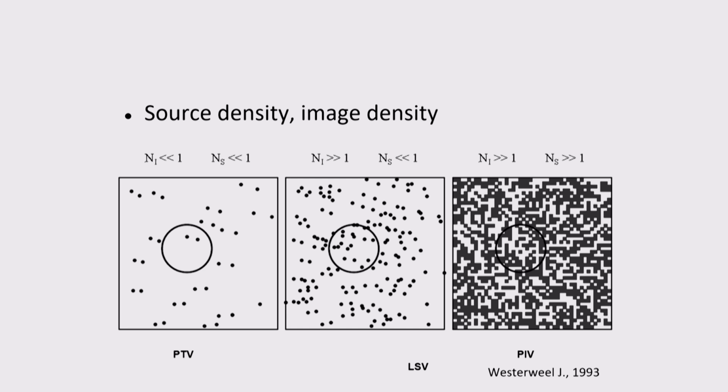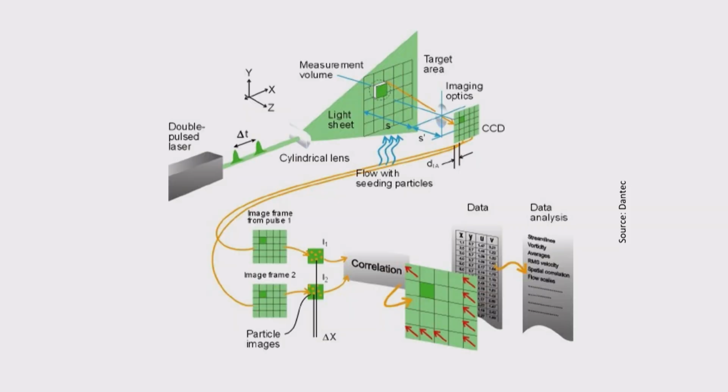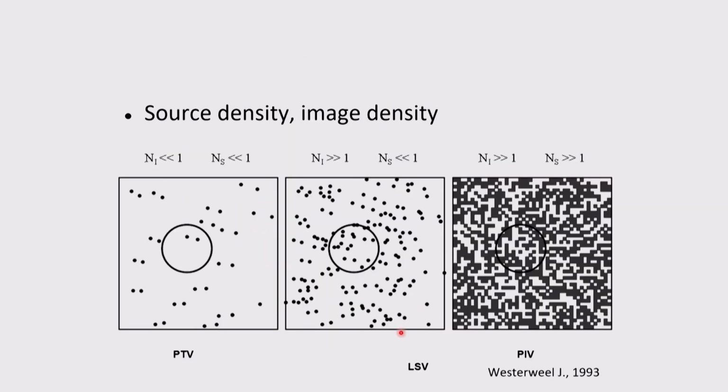If it is denser but you can still see individual particles separately, the technique is the same but it is called laser speckle velocimetry. It is like a scattering signal correlation. And if the seeding is sufficient, you don't see the individual particles, you see only the patterns, as in PIV.